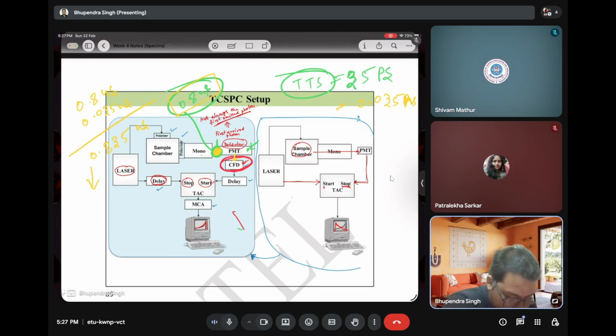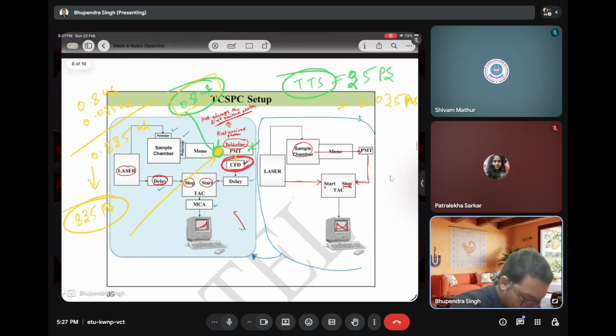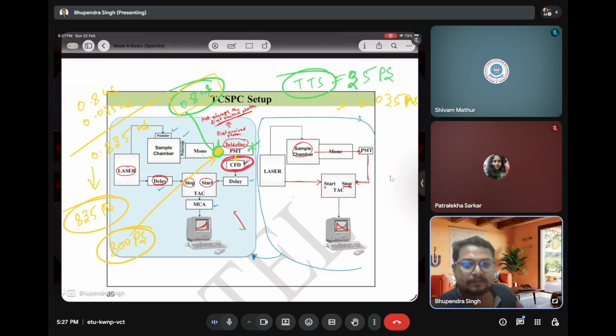Or if you convert this in picosecond, it should be 835 picosecond. Even if the photon is reaching after 800 picosecond, the signal will be generated after 835 picosecond because the PMT transit time spread is 35 picosecond.